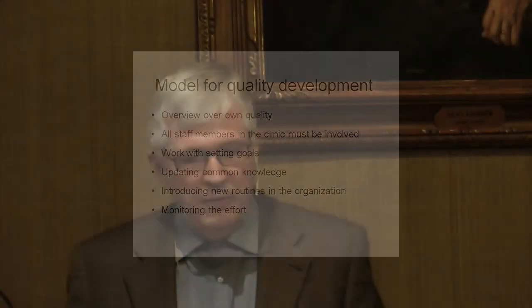All staff members in the clinic must be involved. All must work with setting goals. And you should update the common knowledge in practice, so that the nurses and all know about the quality. Introducing new routines in the organization is a very important issue. And monitoring the effort.